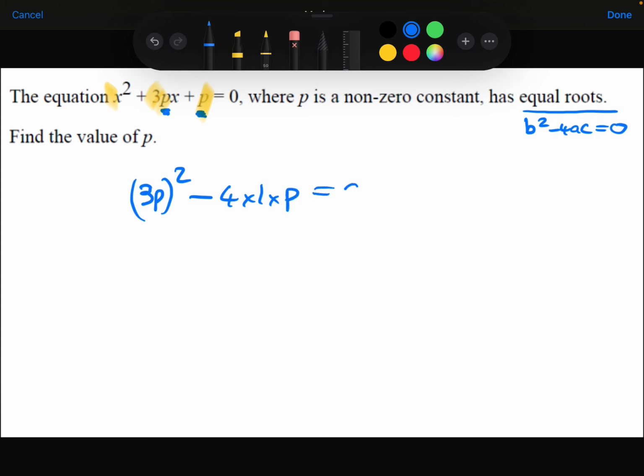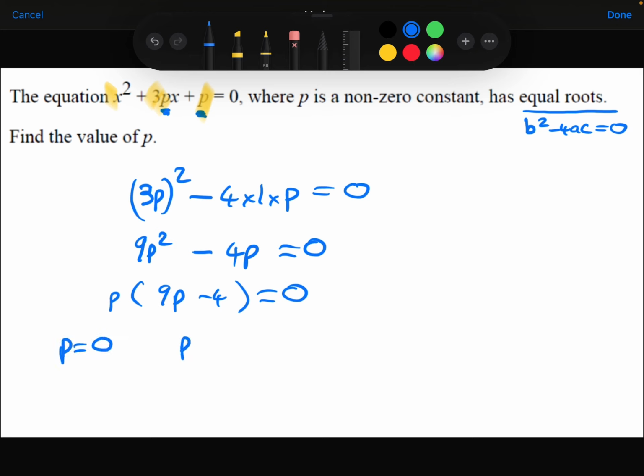And that has to equal 0 for there to be equal roots. 3p squared is 9p squared minus 4 times 1 times p is 4p. To solve this, I can then factorise a p outside. And then I can see that either p would have to equal 0 or p would have to equal 4 over 9.